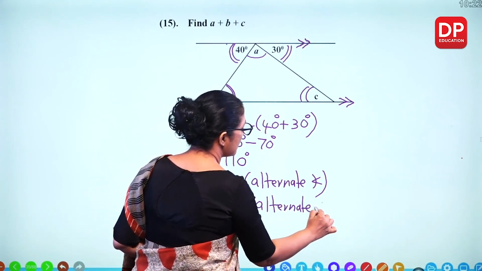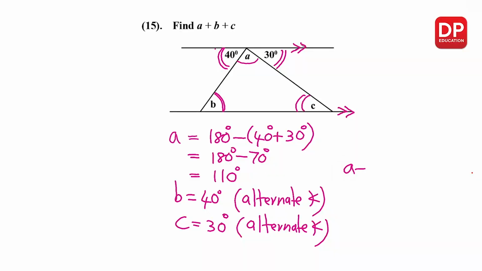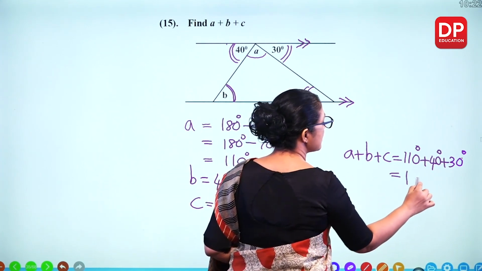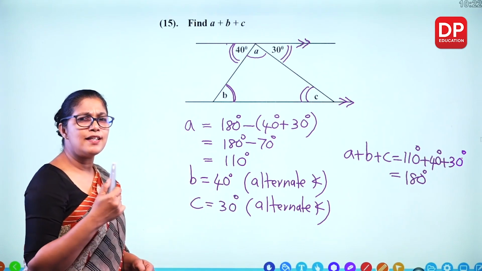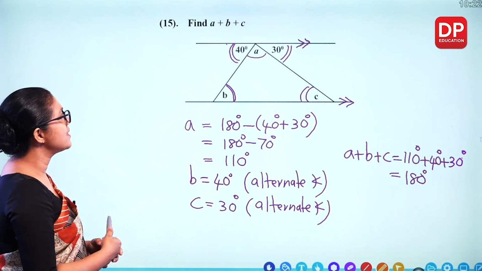Alternate angle. So now what is A plus B plus C? A plus B plus C is equal to 110 plus 40 plus 30. 70 plus 110, that's 180. So that's ABC, the three interior angles in a triangle. So that's 180.